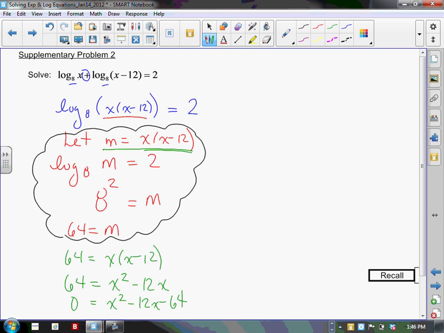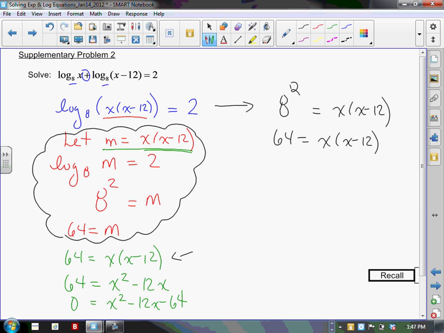Okay, we would specifically see the following. Taking this form and rewriting it as 8 to the power of 2 equals x times x minus 12, and hence 64 equals x times x minus 12. So very quickly, without the substitution and recognizing how to convert from logarithmic to exponential form, we can get ourselves here very quickly.